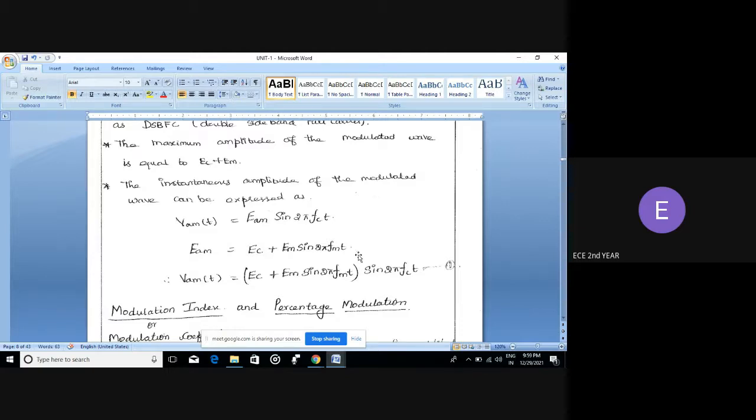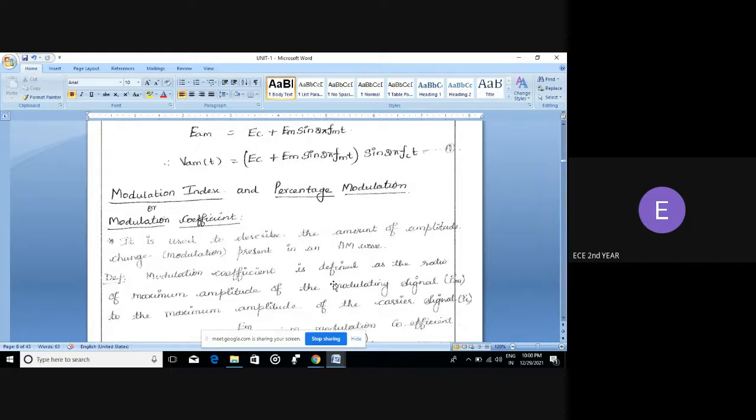If we substitute the EAM value here, then VAM of t can be written as EC plus EM sine 2 pi FM into t, into sine 2 pi FC into t. So this is the final representation for the modulated AM signal.